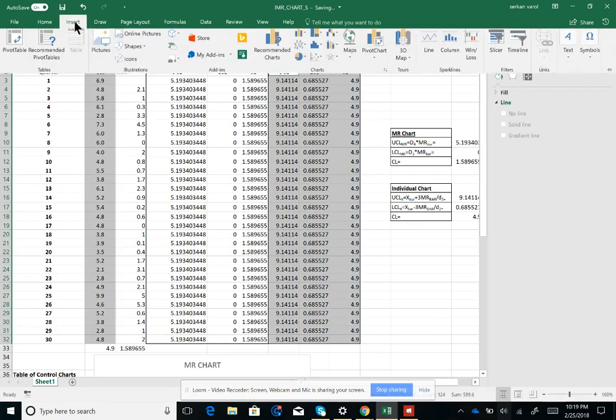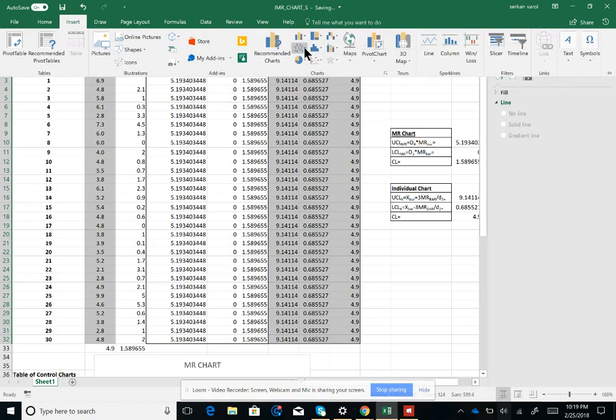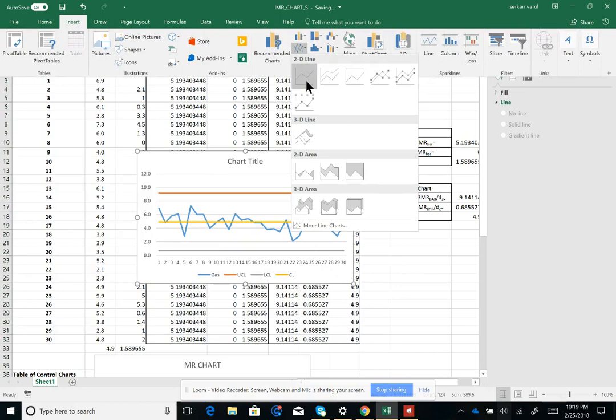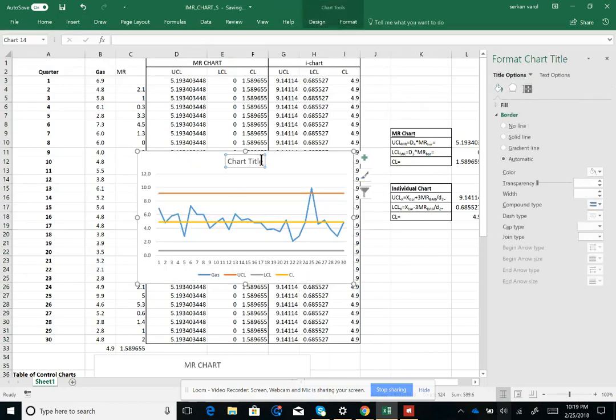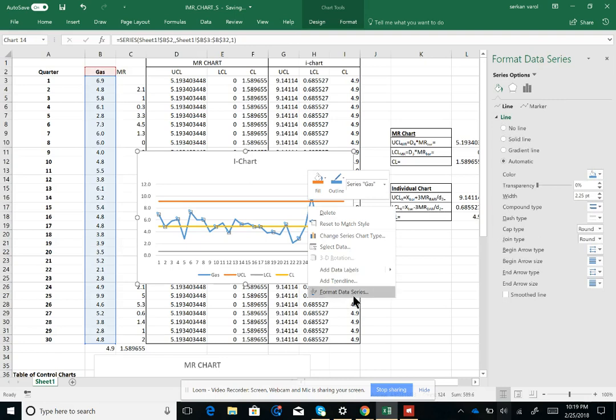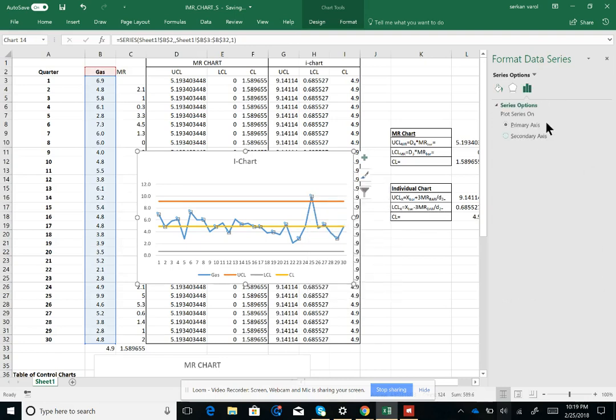Right after you select this, go to Insert, go to 2D line or the Insert line or area chart, and click on that. Okay, so this is my iChart. Perfect. So let's go to Format Data Series, which is here.